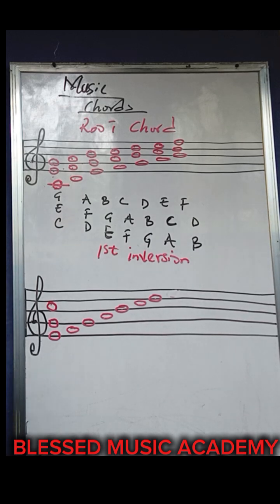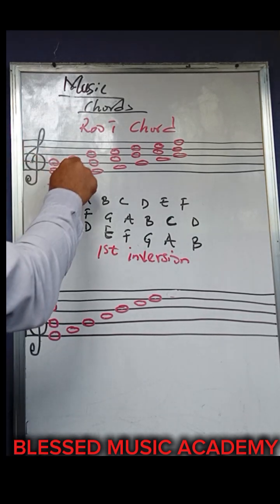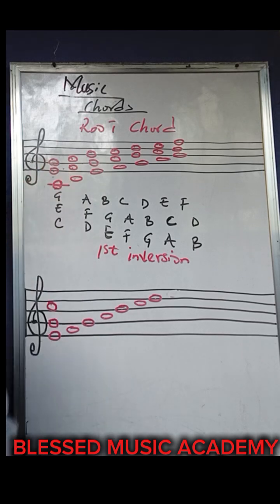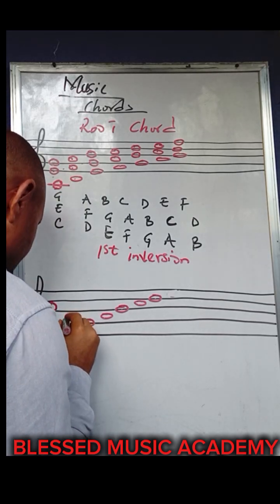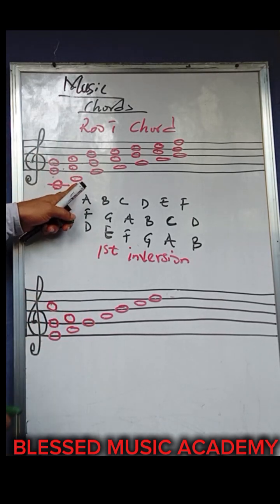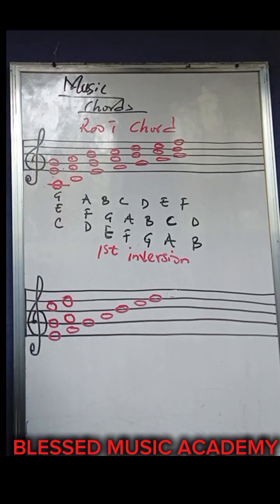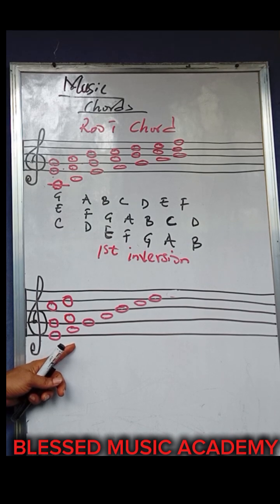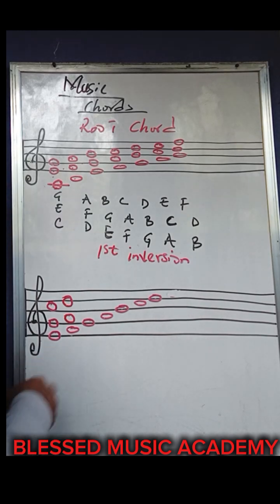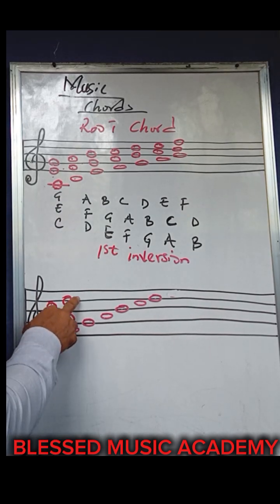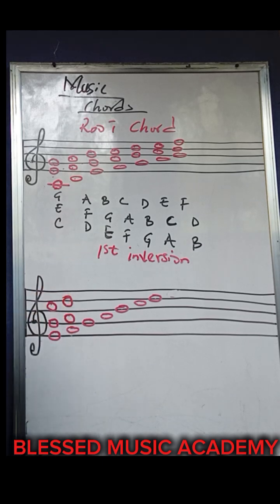My D minor chord, I will take the fifth up here, and then I will take the first, which is my D. That is my first inversion. Now this is fa la re, fa la re.